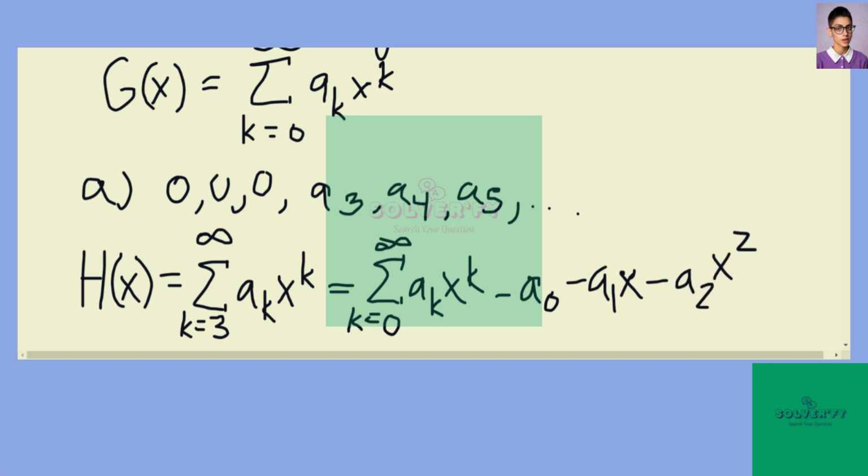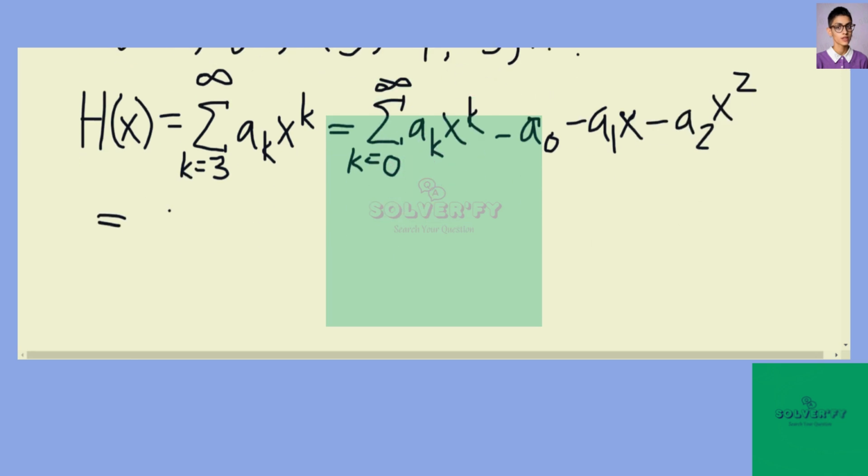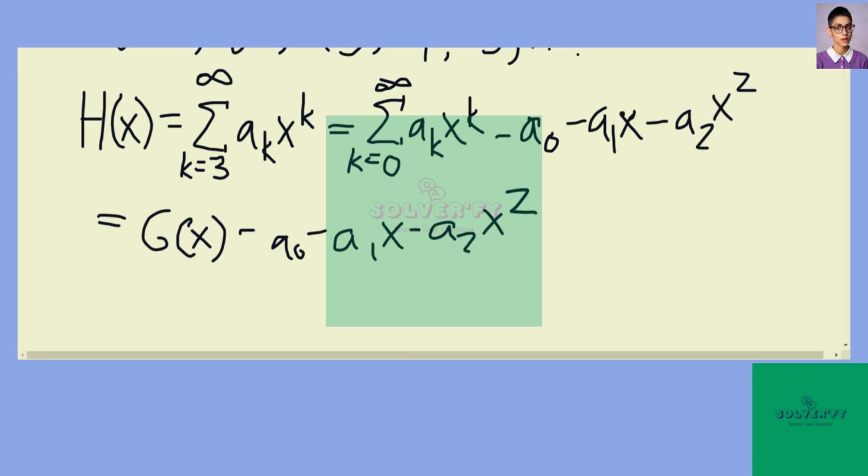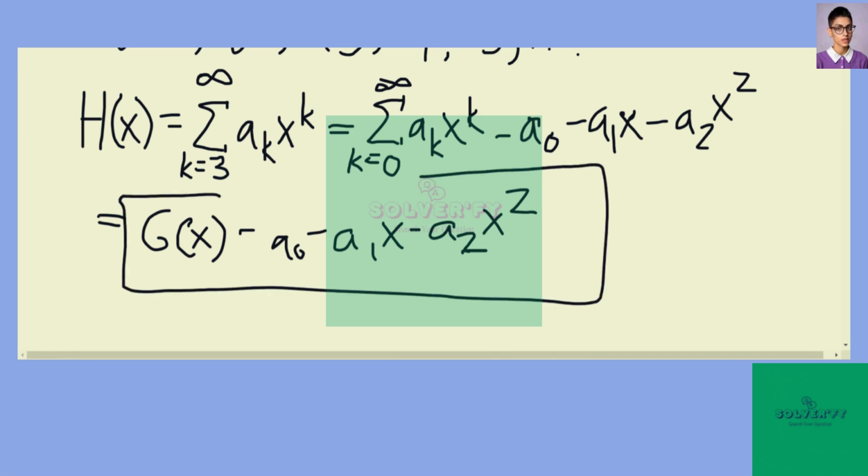And we have that by definition this is equal to g of x minus a0 minus a1 x minus a2 x squared. And this is the generating function for this new sequence.